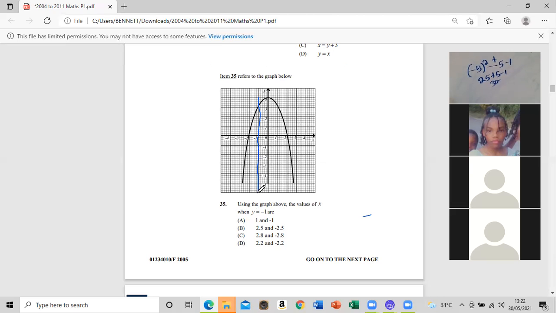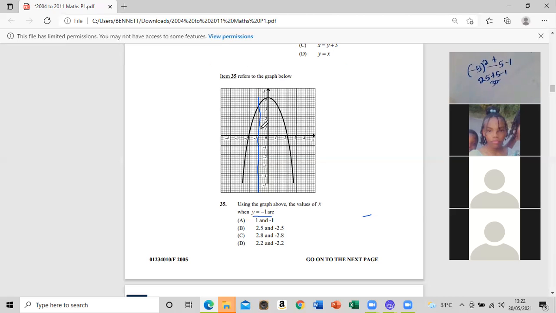So how will they get it? Sir, 2.5 and negative 2. Oh, you got it. Sir, that's the 1 and negative 1. We say when y equal negative 1.